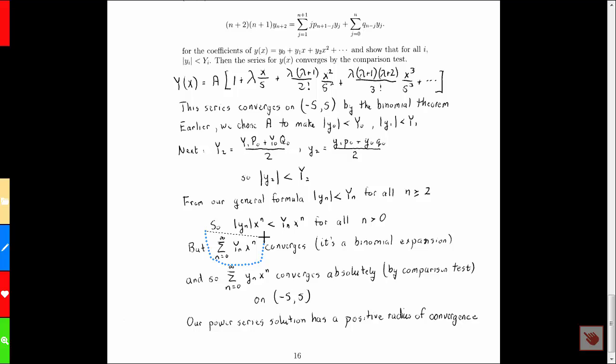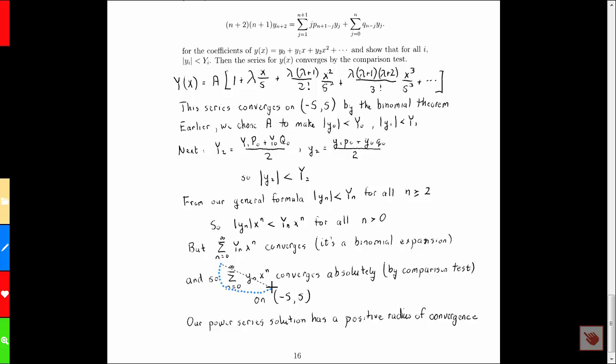But the sum of capital Y sub n times x to the n is a convergent series. It converges because it's a binomial expansion. Since little y sub n is less in absolute value than capital Y sub n, the series with the little y's in it must converge, and furthermore, because of the absolute value, it converges absolutely on the same interval, and we are done.